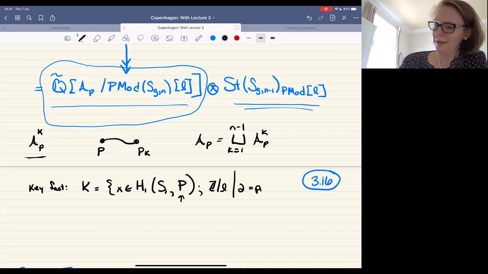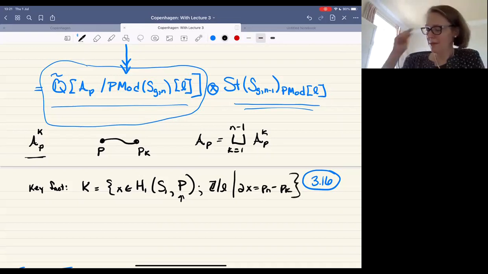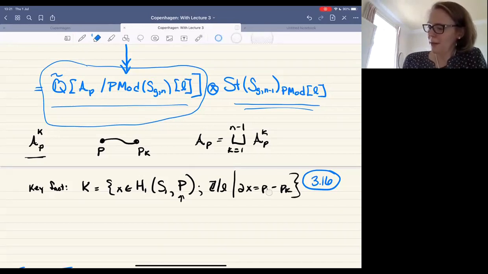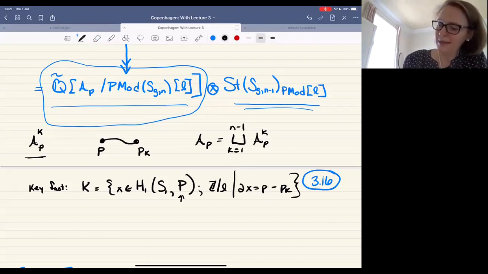Well, I should say, sorry. The boundary is just P and Pk, sorry, change notation there. So this set has L to the 2G elements.